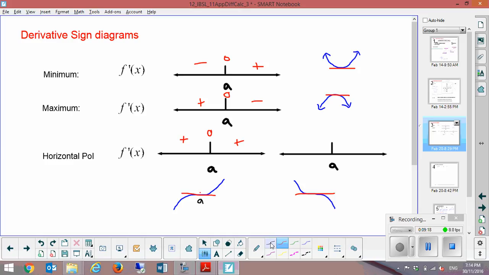At our point A, we have a 0, but in this case we've got a negative gradient, and on the other side a negative. So if we get a change of sign in our sign diagram, in other words the gradient's going from a positive to a negative or a negative to a positive, then we've got a minimum or maximum. If there's the same sign both sides, then we've got a horizontal point of inflection in these two cases.